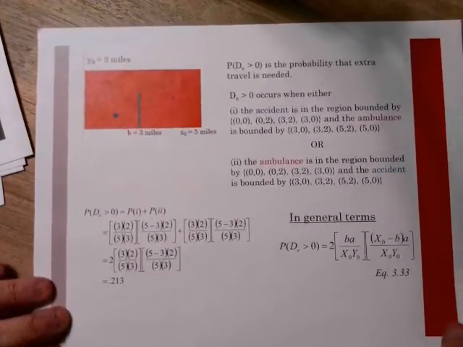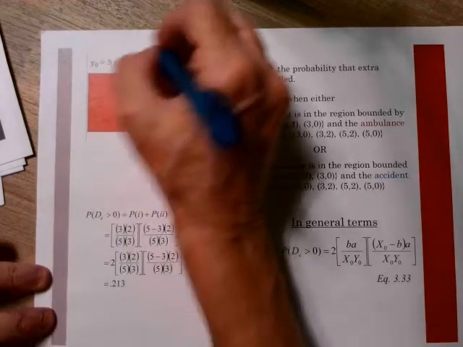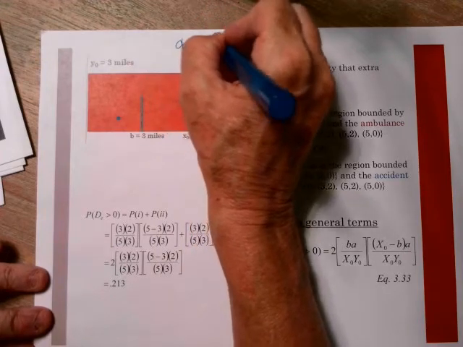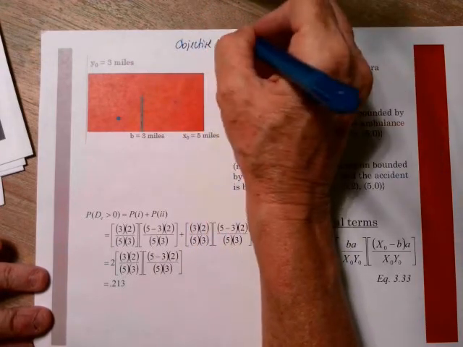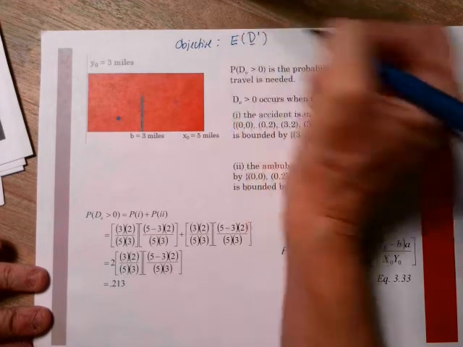Okay, so now remember what our ultimate goal is. Let me write up here, just because sometimes we forget where we're going. This is our objective: we're trying to figure out what is the expected value of the extra distance with the barrier.